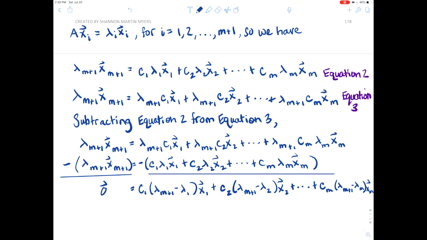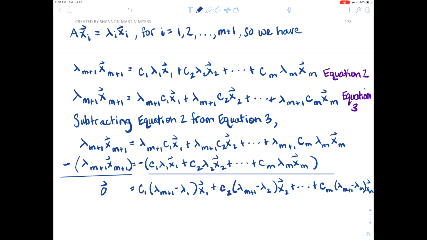Cool, cool? All right then. Well, we assumed our own assumption, right? Not the premise. We assumed that the first m eigenvectors were linearly independent. So now that we have the 0 vector on the left side, what would have to be true? Beautiful.